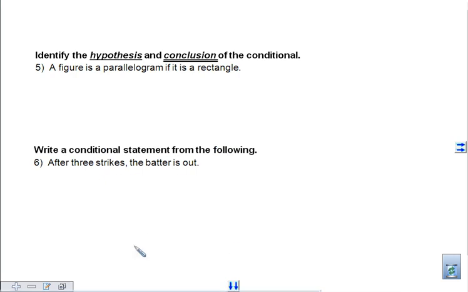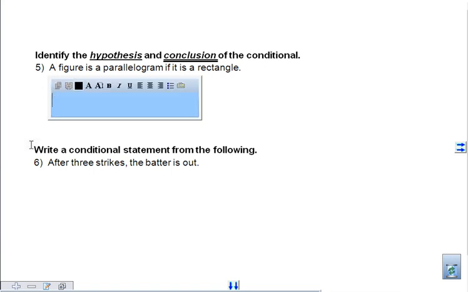Next up, we want to identify the hypothesis and conclusion of the conditional statement. A figure is a parallelogram if it is a rectangle. So remember that your hypothesis is after the word if.